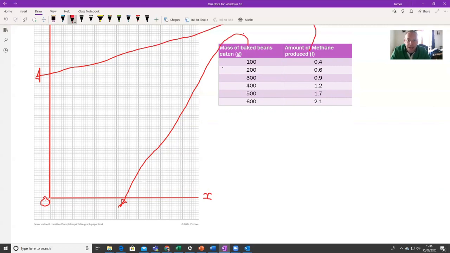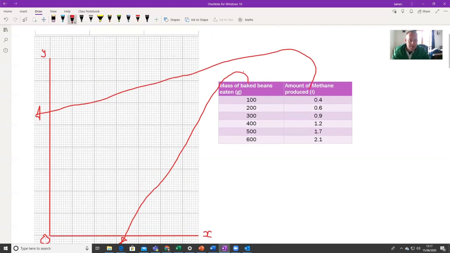I've either got to say the mass of baked beans I eat makes the methane, so x affects y. If I put it the other way around, I'm saying the amount of methane I produce makes me eat baked beans, which when you think about it, sounds silly, so it can't be that way. We say that the x-axis affects the y-axis.